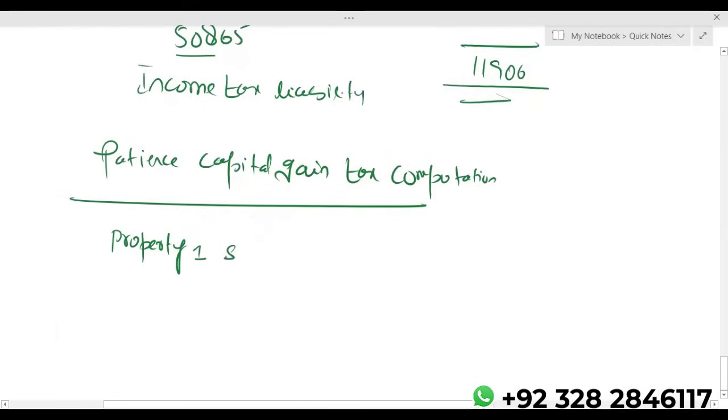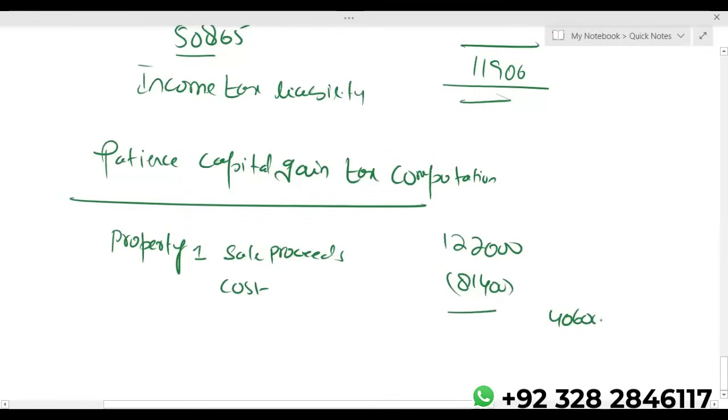Property 1, sale proceed is 1,22,000. Cost, the purchase price of the property, is 81,400. So there's a capital gain of 40,600, the capital gain on property 1.